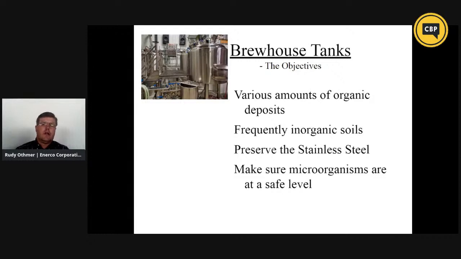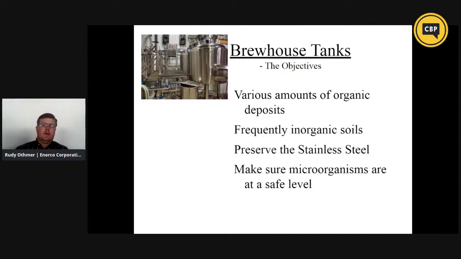So brew house tanks, we're going to have various amounts and kinds of organic deposits on the tank, in the tank, holes stuck in our false bottoms, etc. Also can frequently have inorganic soils form in the brew house tanks because of our temperature, and maybe because of calcium or phosphate additions depending on our brew.